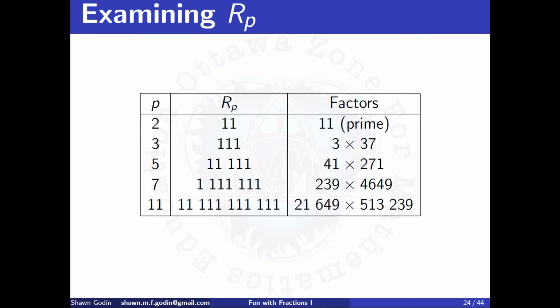So for example, if we look at the prime factorization of the first few Rp's for prime p, the first one is prime, the second one we could have done by hand. The other ones, I've used Wolfram Alpha to factor these things into primes.